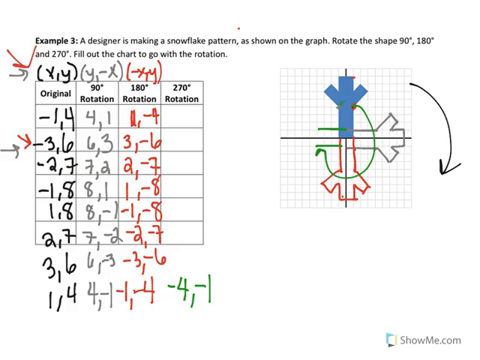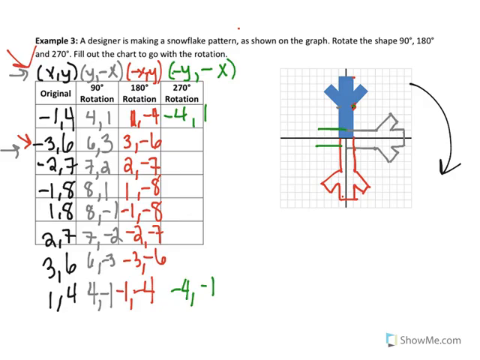And this point right here goes all the way around, and it goes from being -1 and 4 to being -4 and +1. So what you should notice is that your x and your y values are changing location. So it's our y value here, and it is also changing signs. So it's -y, -x. So that's what we're trying to find here.